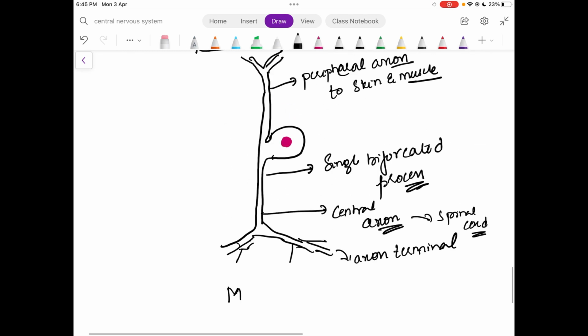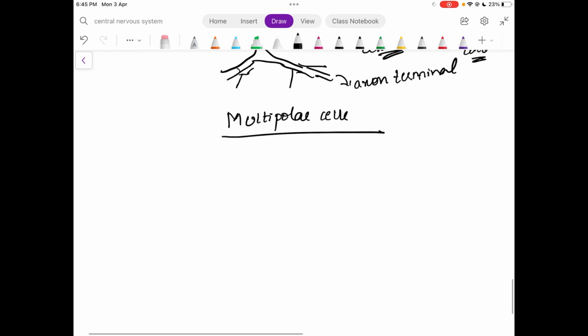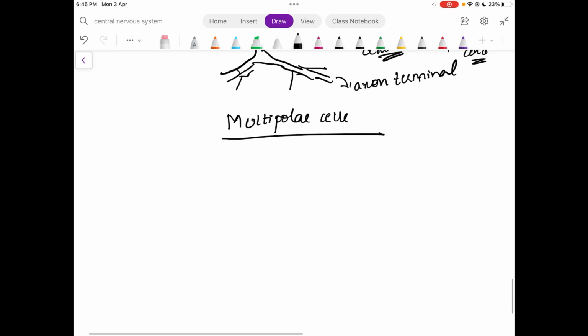And we have multipolar cells. In these multipolar cells, we have three types.